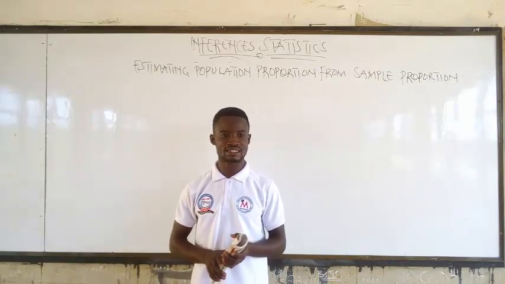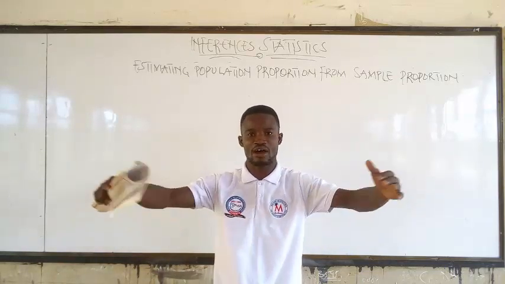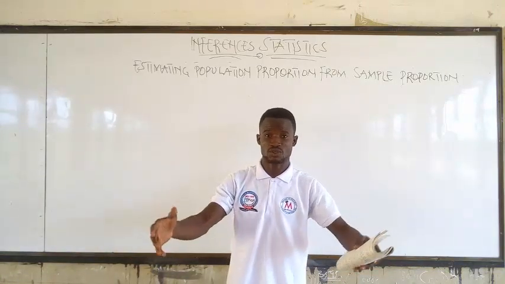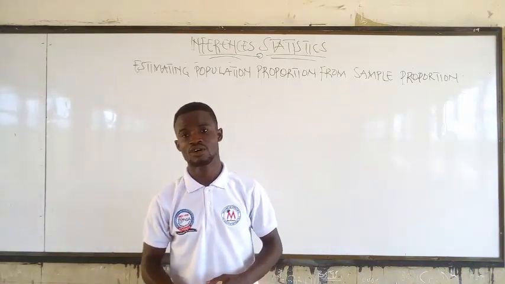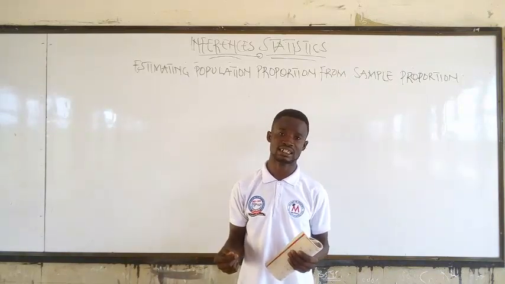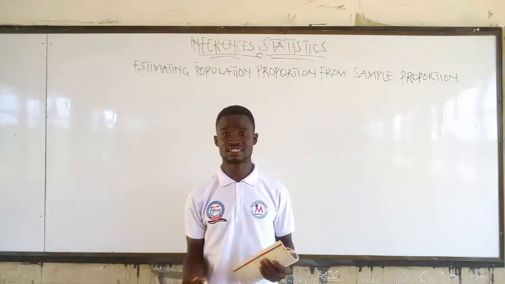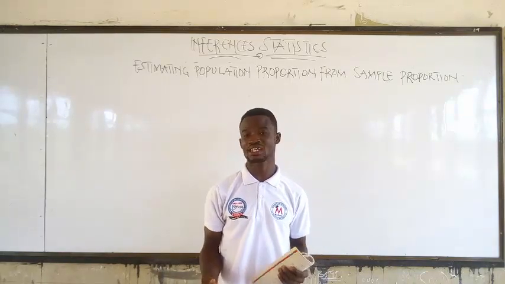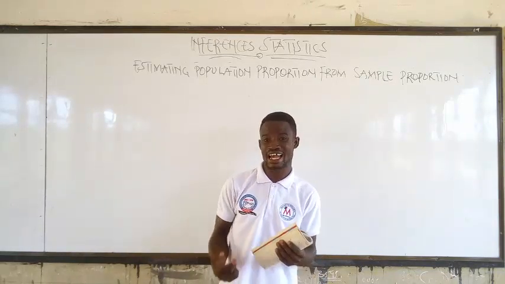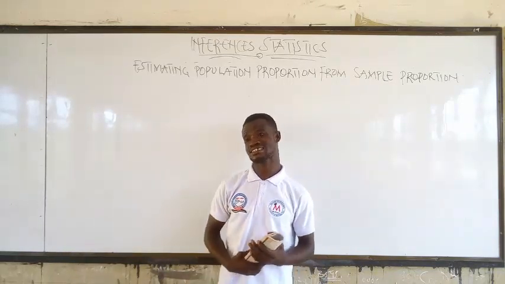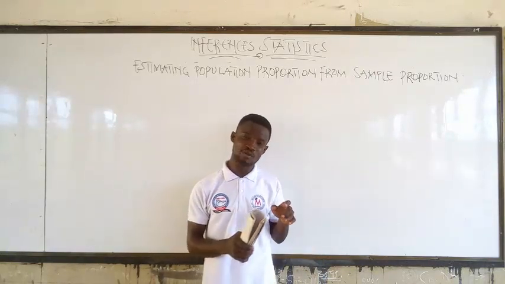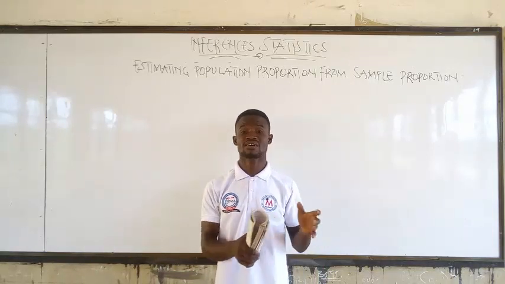Let's assume we have a class of 30 students here, and we want the probability that someone is black in color or fair in color. Let's say we get 5/30, or let's say 7/30.